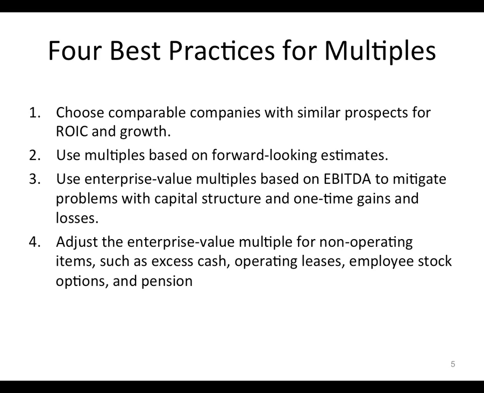difference in capital structures. Matter of fact, the most commonly used multiple, price to earnings, which is the one that you were previously taught and the one that is most intuitive to most people, is actually the most difficult multiple to explain, right? And the reason why is price to earnings, earnings per share, is based on net income. Everything above net income influences net income.